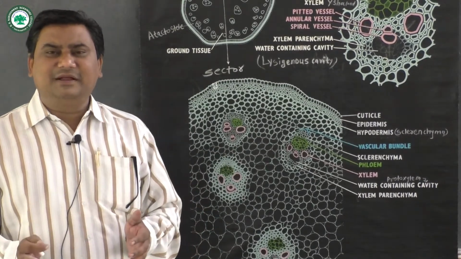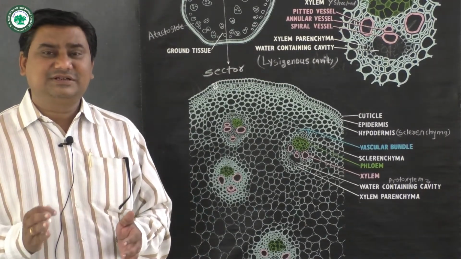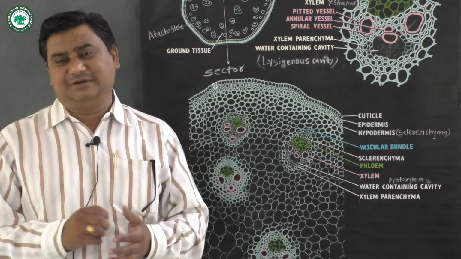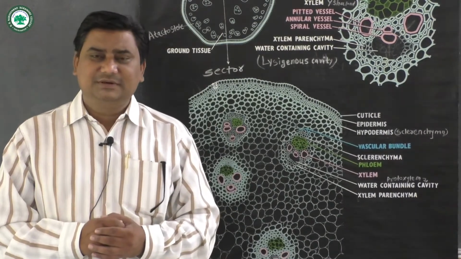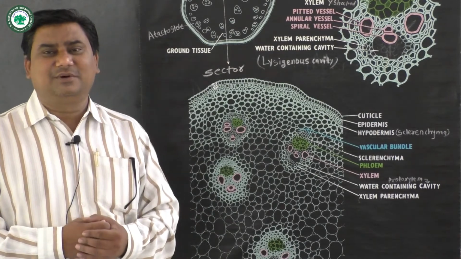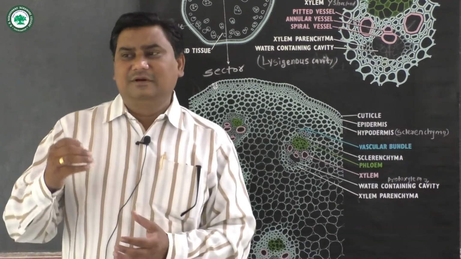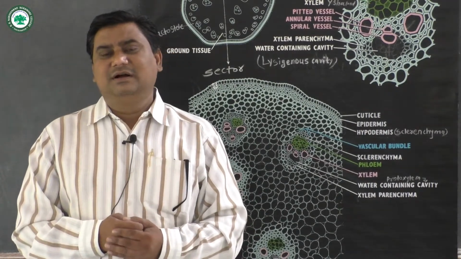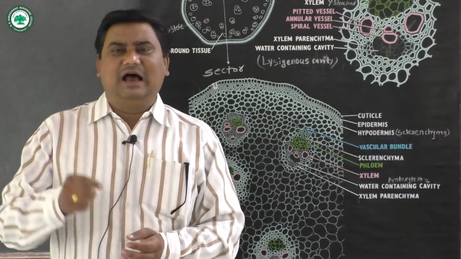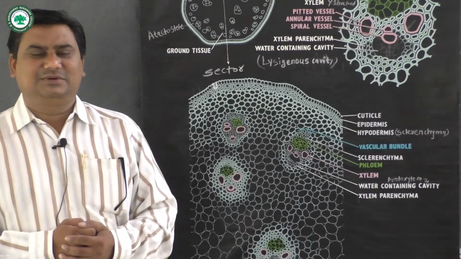Since the vascular bundle is closed, secondary growth is absent. Suppose there is secondary growth, for instance if we take the example of Dracaena, then what we call it is anomalous secondary growth.